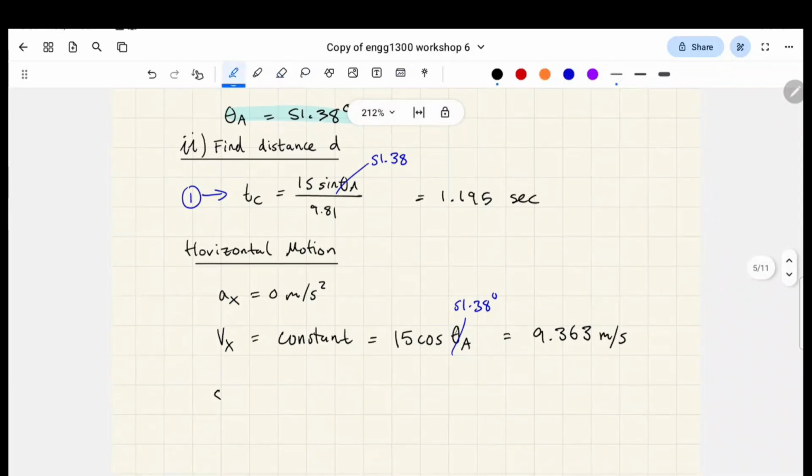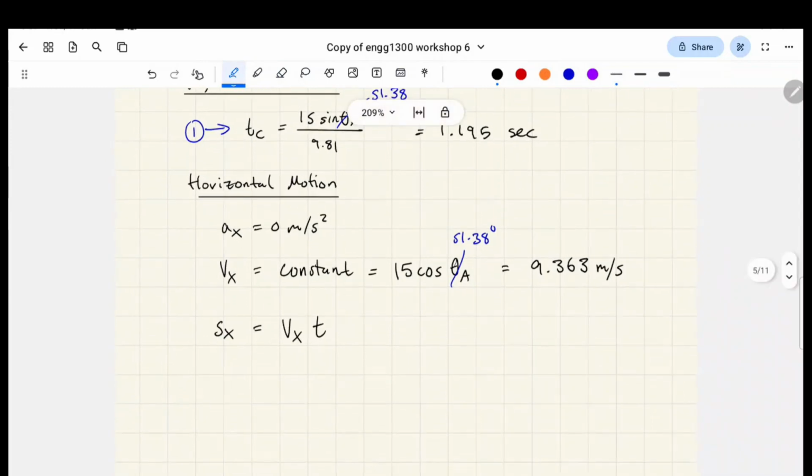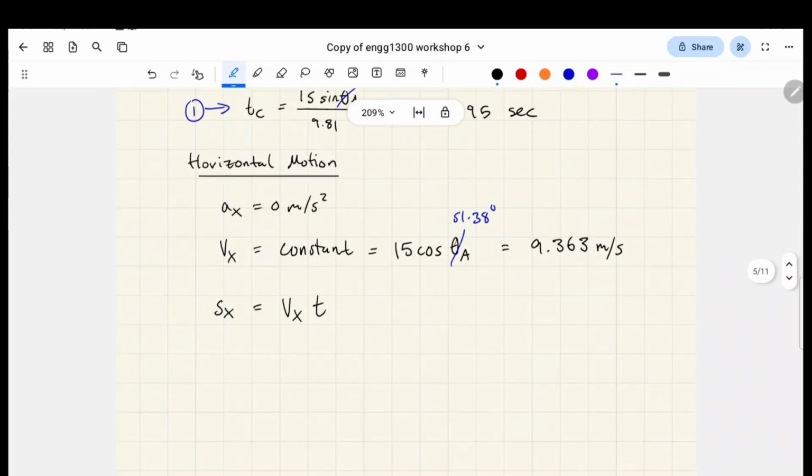We integrate it to get this, right? Vx multiplied by t, right? So all we've done is gone from this up, this here, and then integrate it with respect to time, and then we end up with this t.